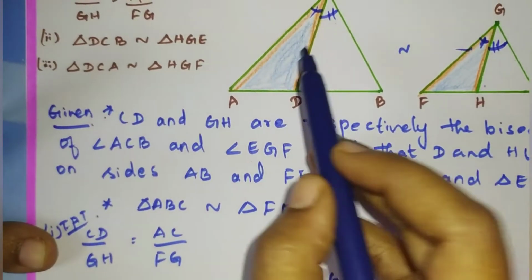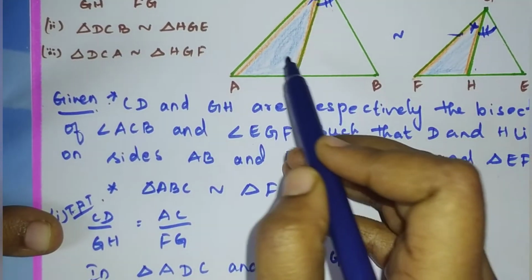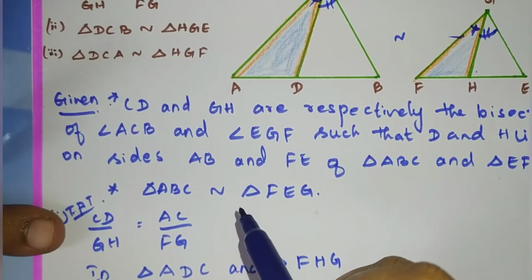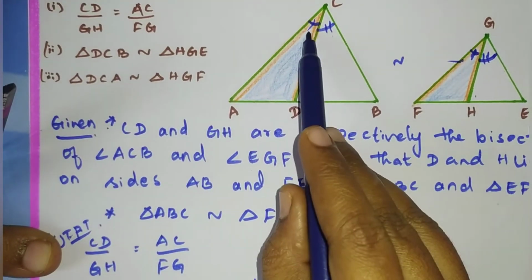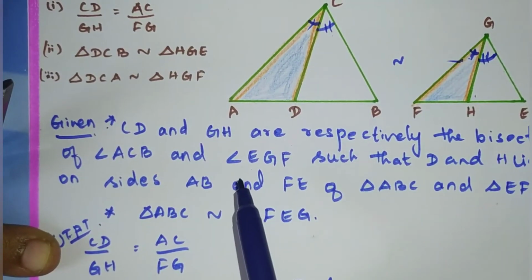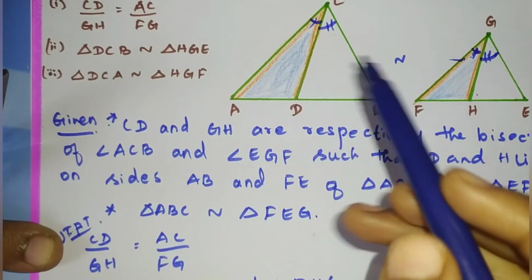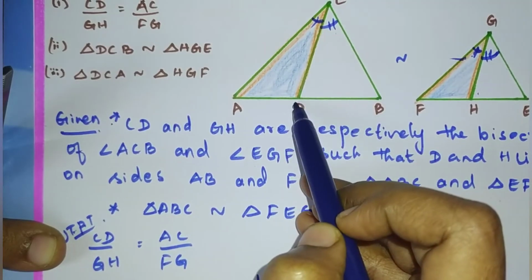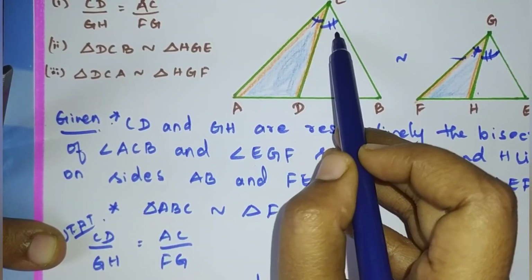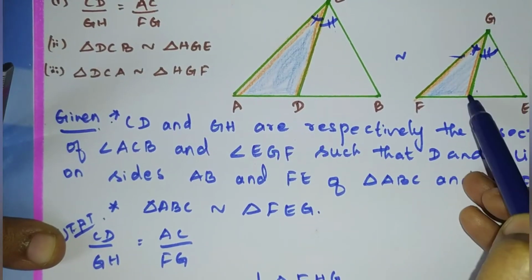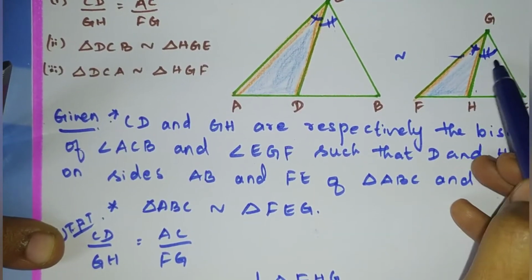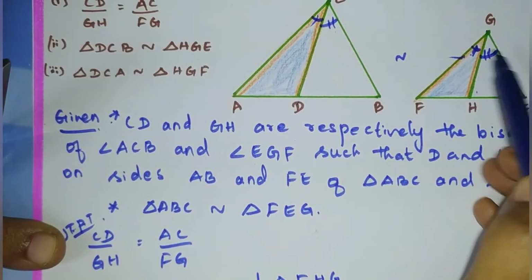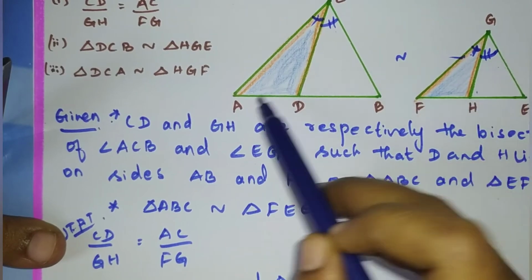After that, how can we tell that the two triangles are similar? Already I said this angle and this angle are equal. How is it? This is the bisector and these two angles are equal, and GH is a bisector, so these two angles are equal. Since the two triangles are similar, angle C equals angle G. If this is 60 degrees, this is also 60 degrees.